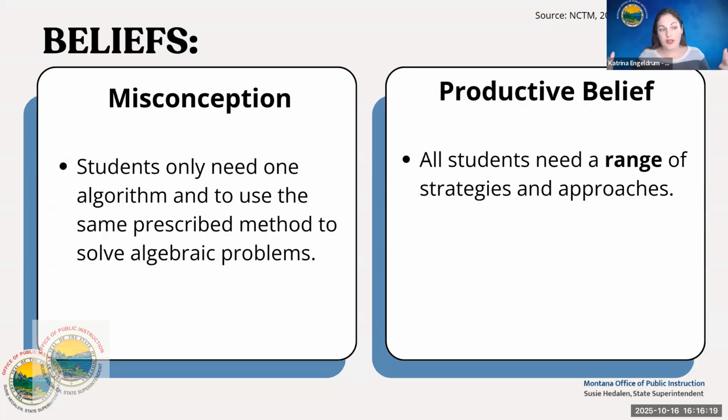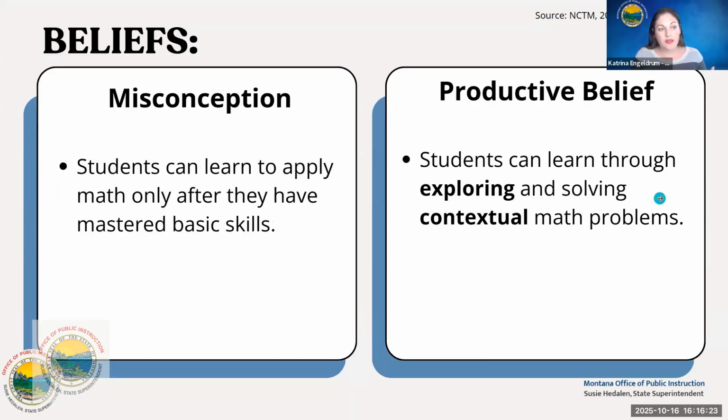Another one is that students should have a range of strategies and approaches that they can use. NCTM also advises that teachers should believe that students can learn through exploring contextual math problems rather than believing that they have to have some basic skills first before they get to explore. So that's just a recommendation from NCTM.